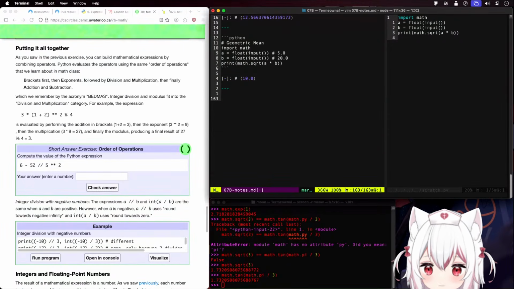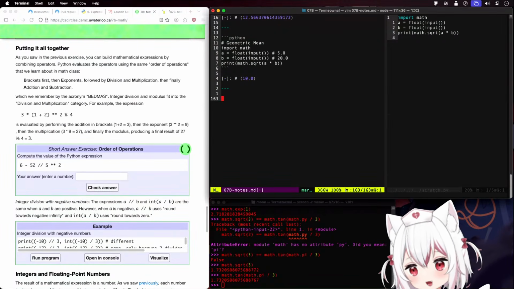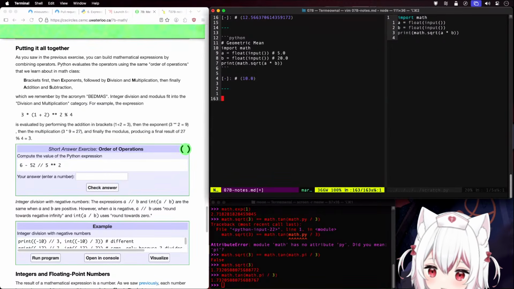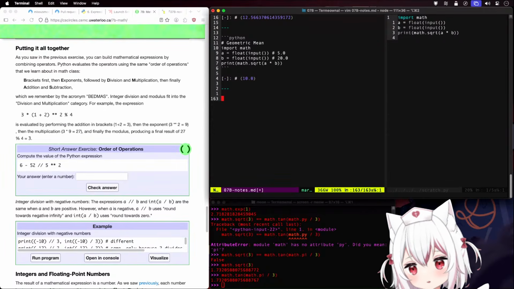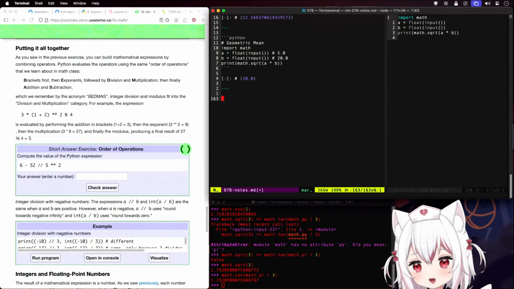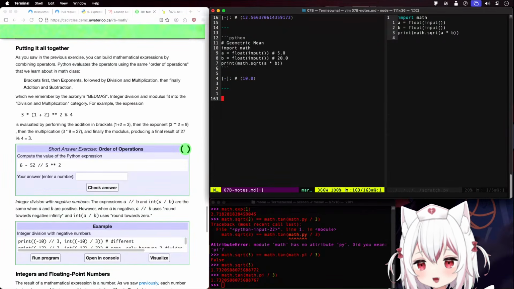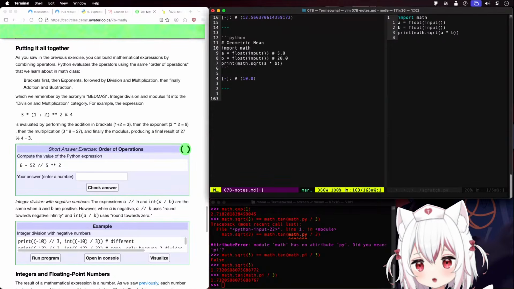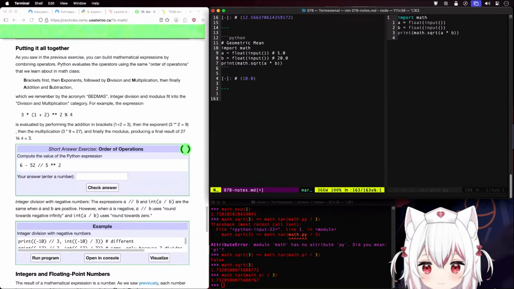Then multiplication and division from left to right. So 3 times 9 is 27, modulo 4. 27 minus 24 is 3. Yeah, there you go.